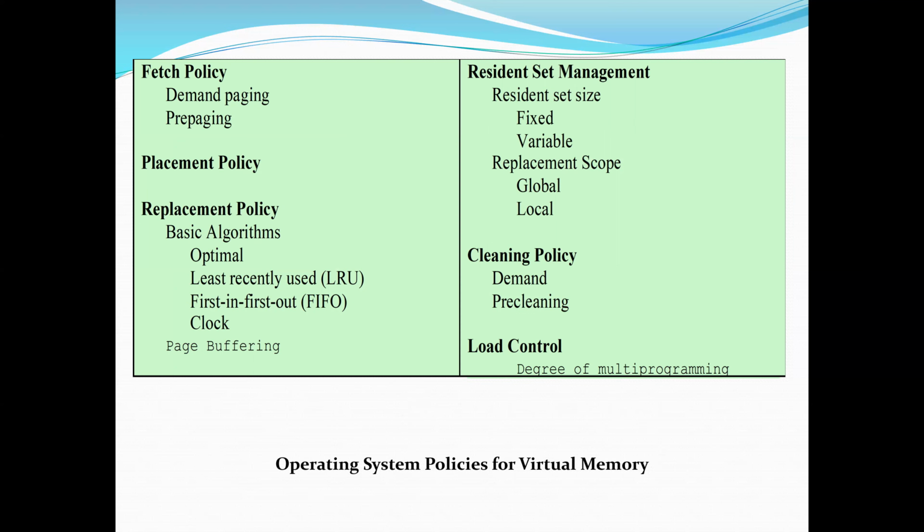Furthermore, the performance of any particular set of policies depends on the main memory size and the relative speed of the main and secondary memory, also the size and number of processes competing for resources, and the execution behavior of individual programs. The characteristics here depend on the nature of the application, the programming language, the compiler employed, the style of the programmer who wrote it, and, for an interactive program, the dynamic behavior of the user.